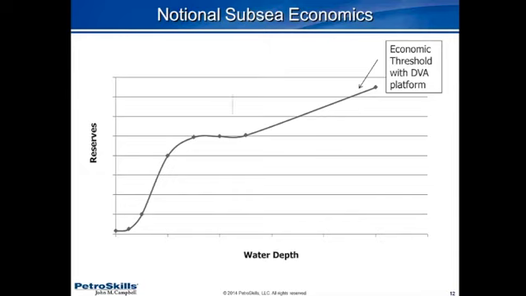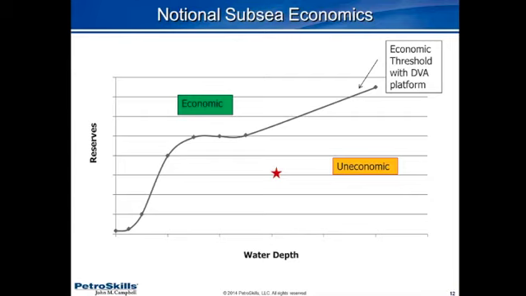So the upper left-hand corner is the economic area, thus you have enough oil and gas to offset the cost of development and the cost of operation of the platform and can be developed. The lower right-hand corner generally is not economical for development. With the fixed platform, the costs are too high and the amount of oil and gas that can be produced from the reservoir is insufficient to offset those costs.